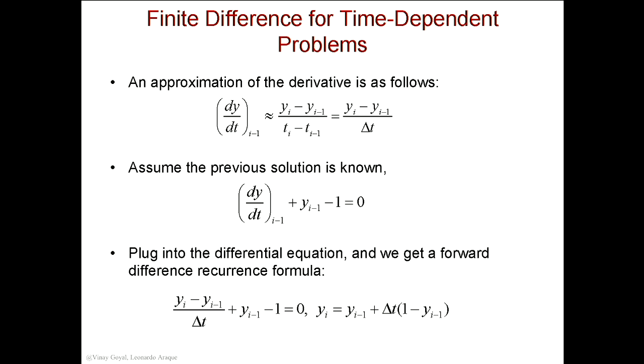The cool thing about this is that if I know the initial conditions of the problem, if I know that at t equals 0, y is 2, then I can substitute the value of y here, 2, and if delta t is small, say 0.01, I can predict what y is at t equals 0.1, the very next time step.